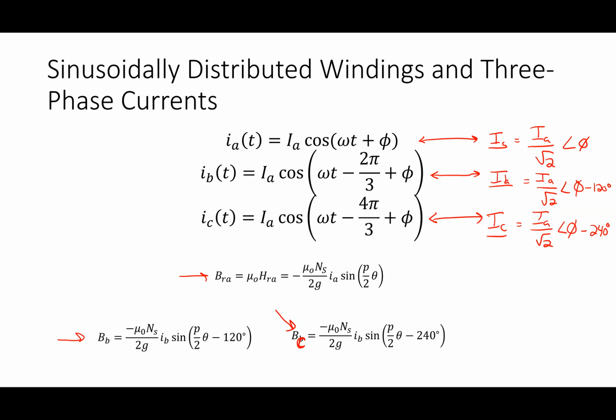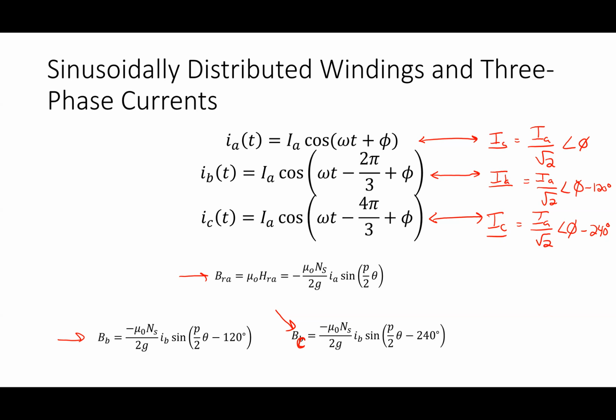So all that says is if I had a 4-pole machine and I went around the air gap one complete time, how many periods do I see in that field? 2 periods. If I had a 6-pole machine, I would see 3 periods. If I had an 8-pole machine, I'd see 4 periods, right? That's basically what that's suggesting.